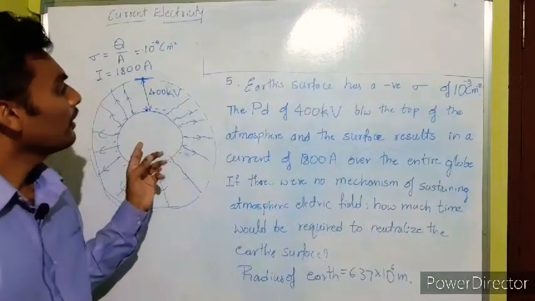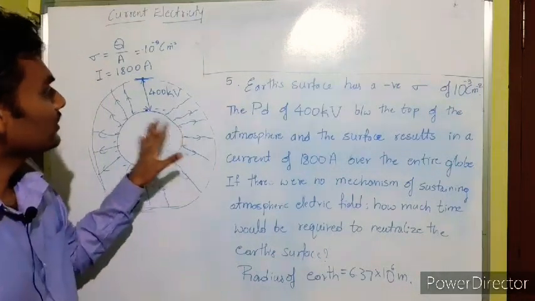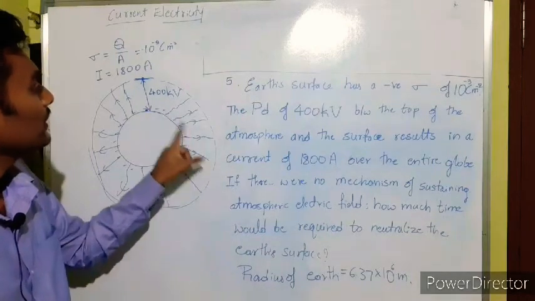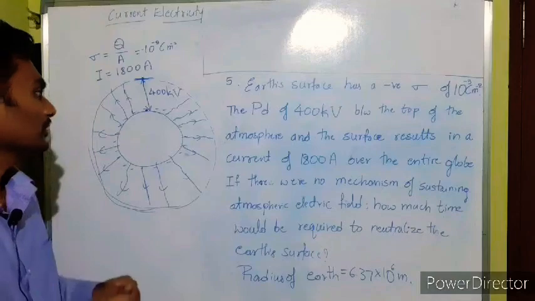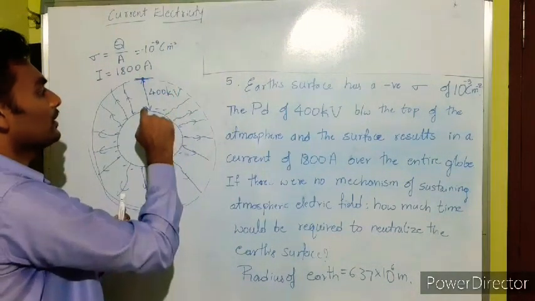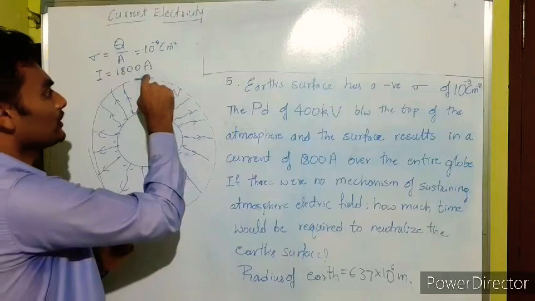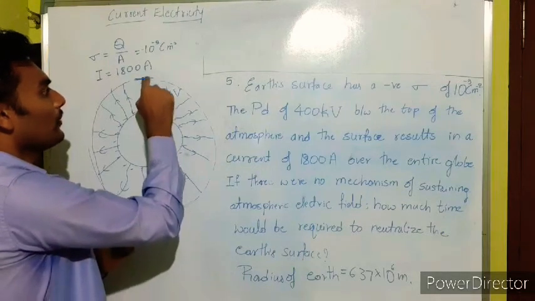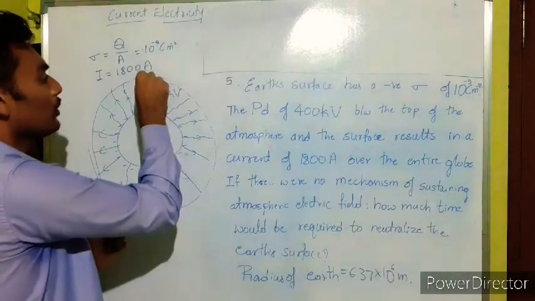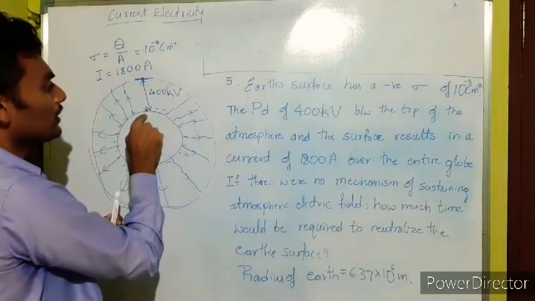And once all the charges move, there will be no electric field set in the earth. Because here is a point on the top of the atmosphere with considerably good positive potential compared to this point.